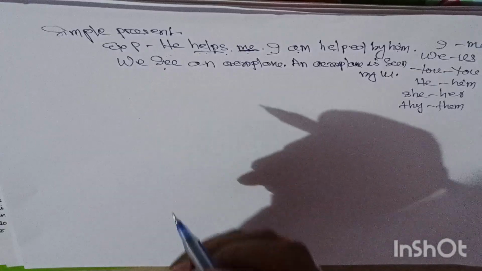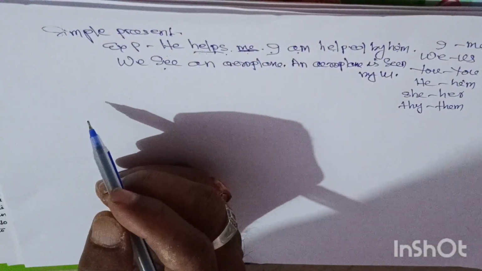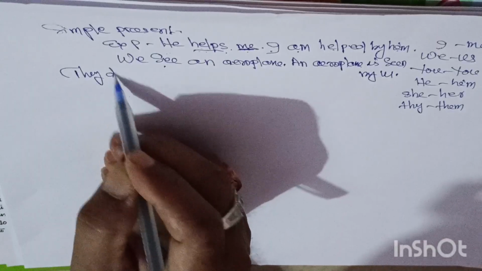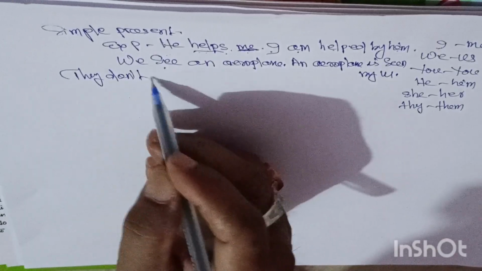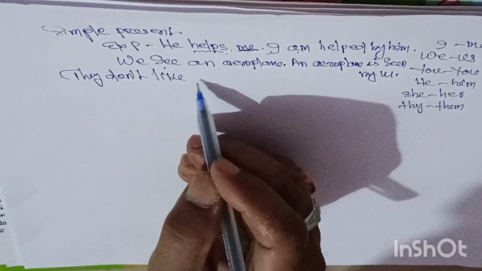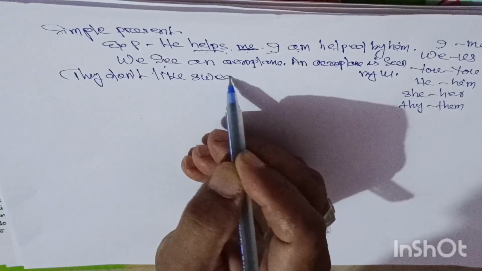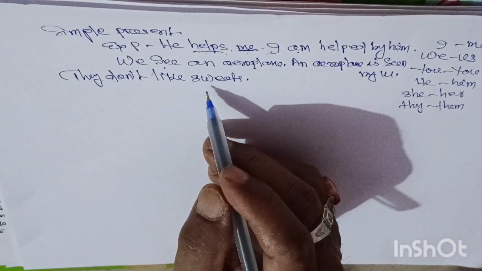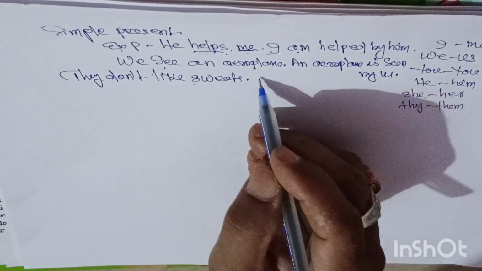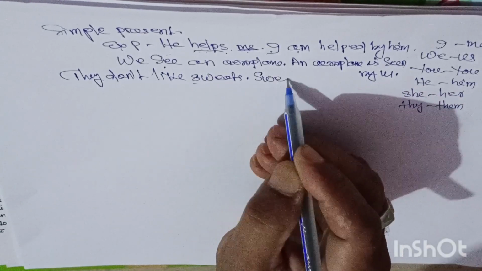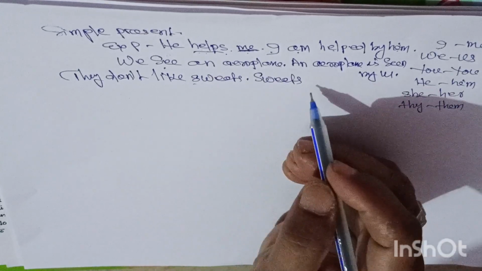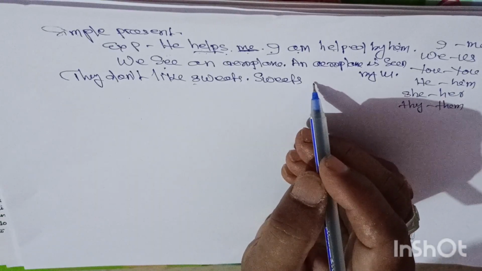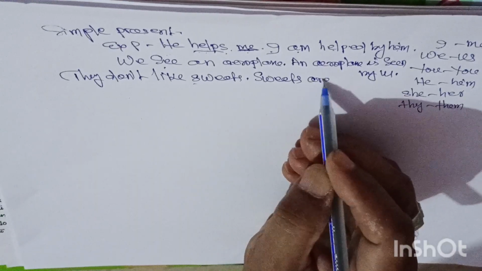The third example is they don't like sweets. Here you select which is the object. Sweets is the object. So first you place sweets. Then as it is in simple present, the helping verb are is used.